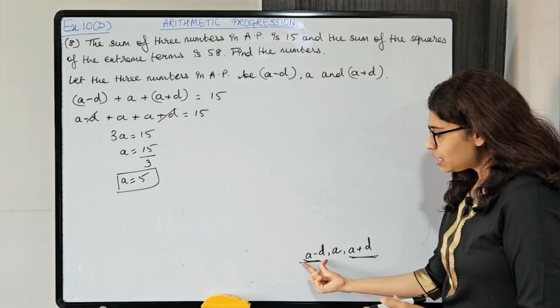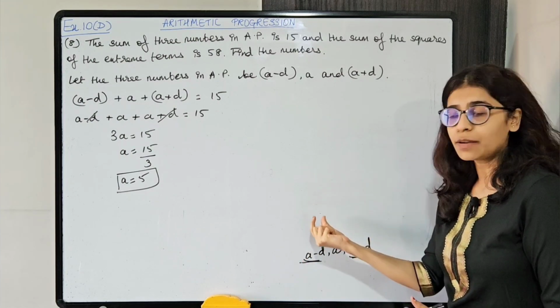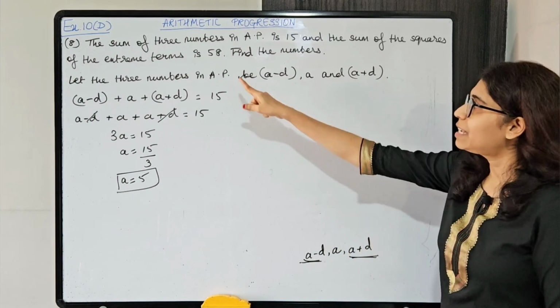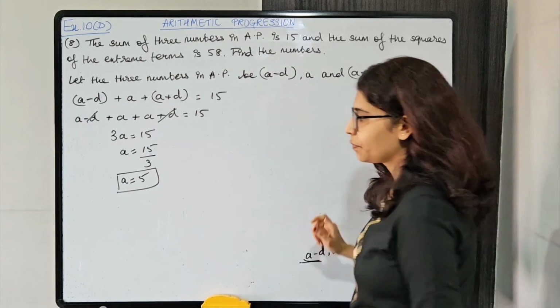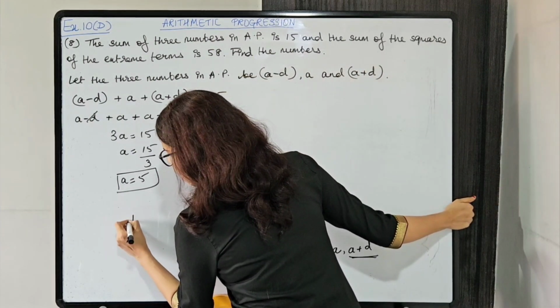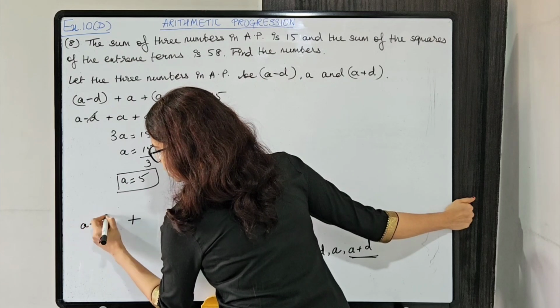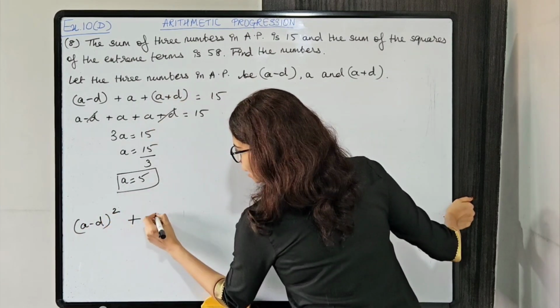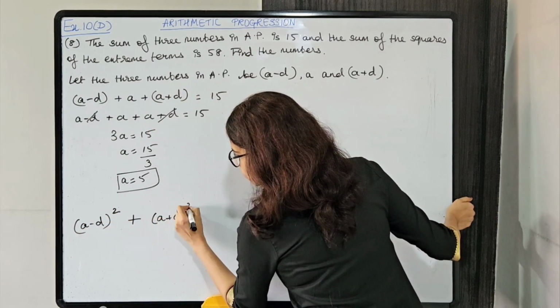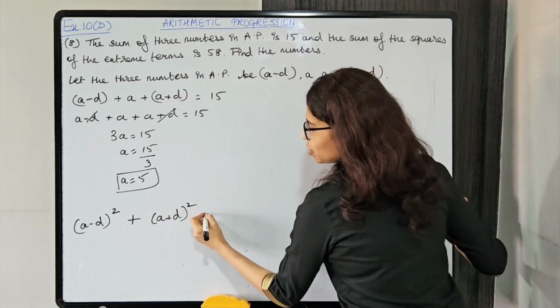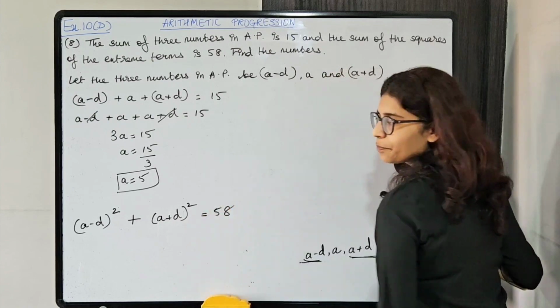So A minus D the whole square plus A plus D the whole square is equal to 58. So the sum of the squares of the extreme terms is 58.